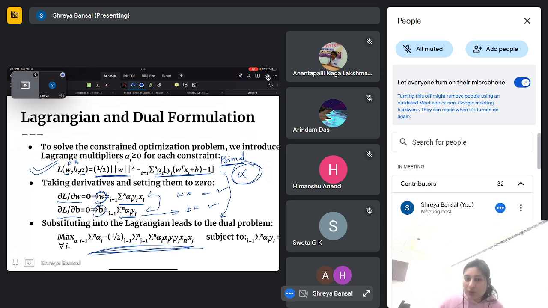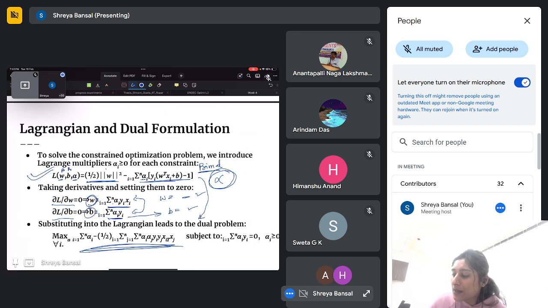I'll upload handwritten notes again to solve this. Basically, when you put in the value of W, it is the summation i to n of alpha_i y_i x_i. Just put the value of W here also, and the value of B as alpha_i y_i. So the whole equation is converted into a variable in alpha. No W's are there, no betas are there, because you get the values of beta from here.